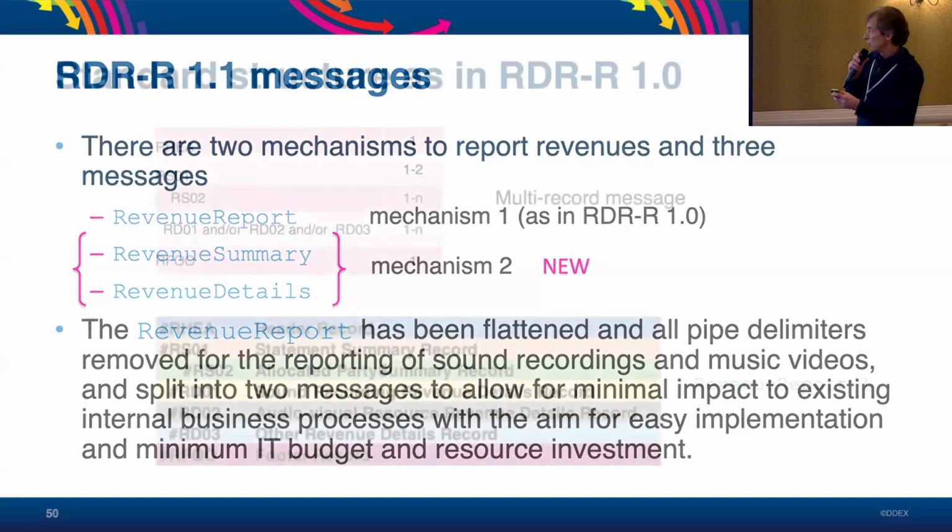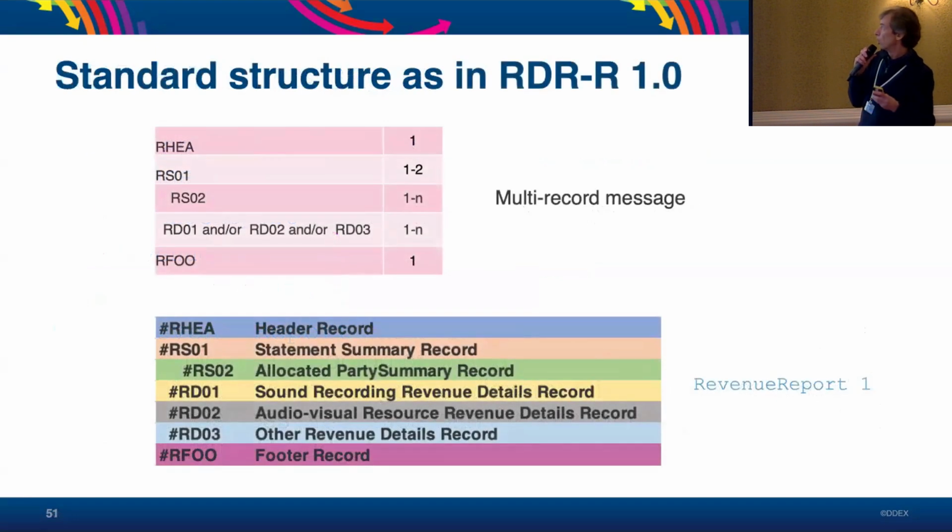Let's look at the structure of the revenue report message as it was designed in RDR R 1.0 and as it is still in the new version of the standard.